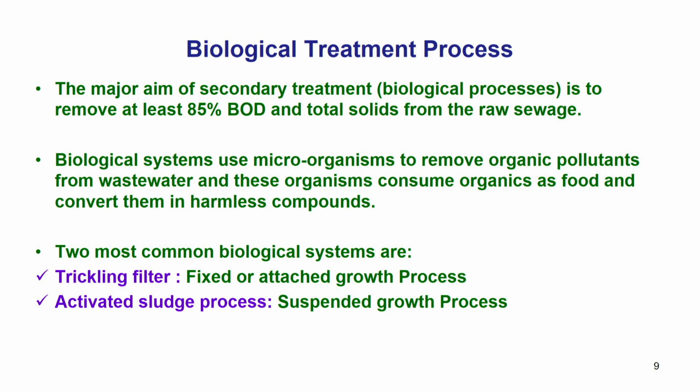Sometimes they come in contact with the atmosphere, where air is used for aerobic microbial degradation. Another system is the sequencing batch reactor, popularly called SBR. In RBC we also require a secondary clarifier, but in the SBR system we don't require any secondary clarifier. All the processes happen in one system only.